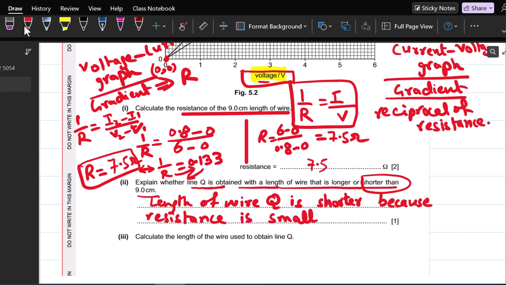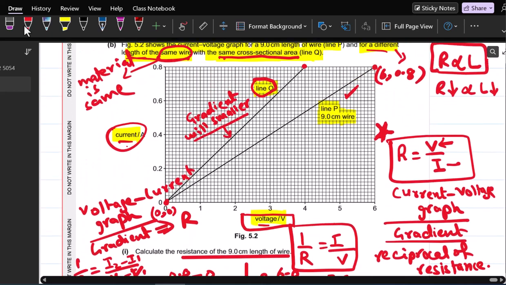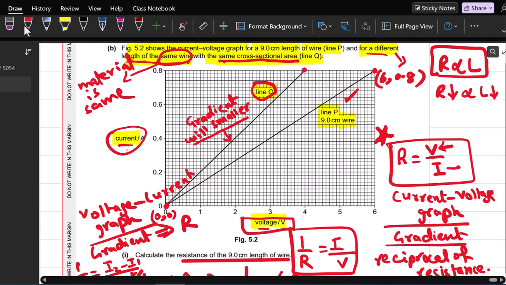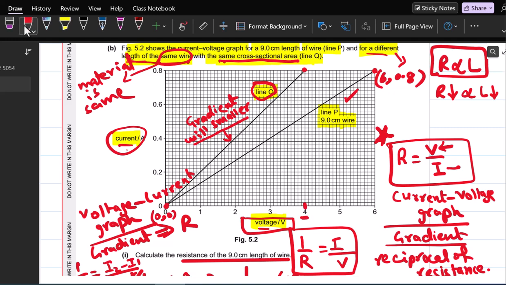In other words, one more thing you can add here: if you see for 4 volts, you are getting less current on one line, and for 4 volts you are getting more current on the other.